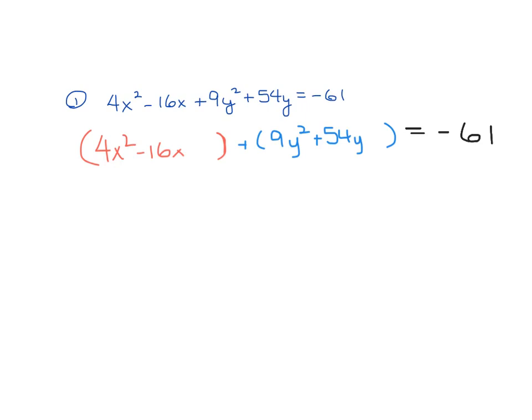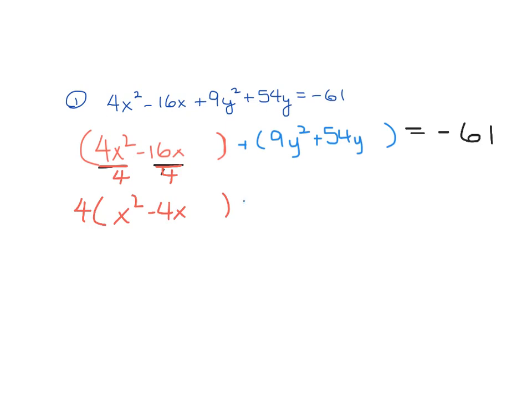So first step is to make sure the coefficient in front of x squared is a 1. So I'm going to divide both of these by 4. So then I'm left with x squared minus 4x. Leave the blank space for turning this into a perfect square trinomial.